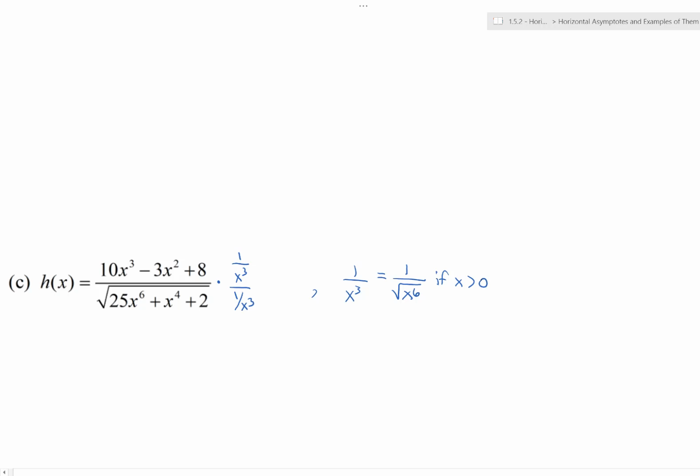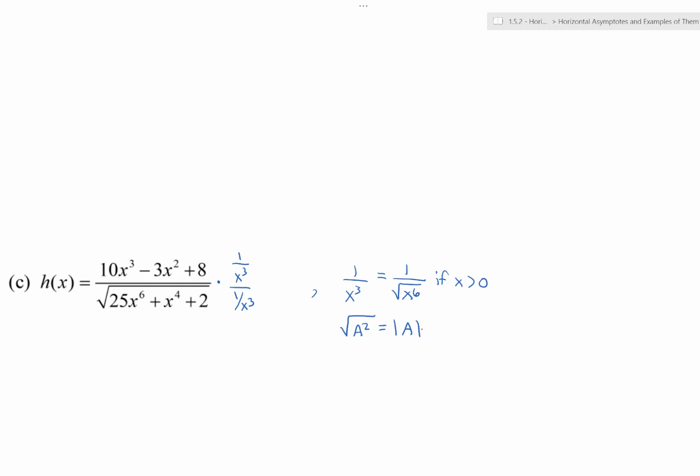We have to recall that when I take the root of something squared, that's the magnitude of that thing, say the expression is a. So we have to be careful here, because the root of x to the 6th changes depending on the sign of x.